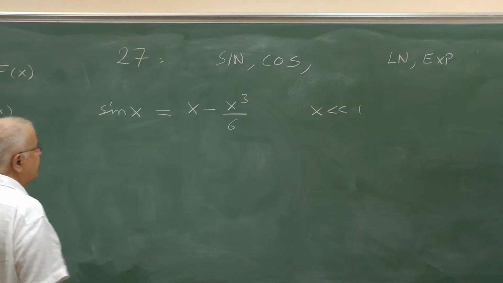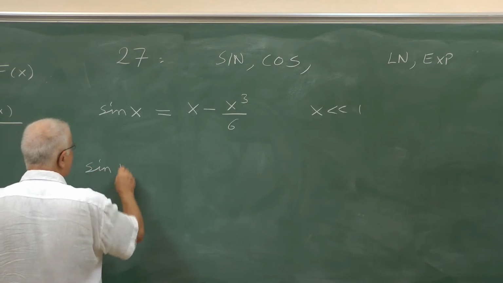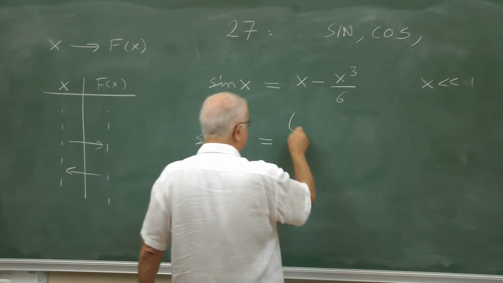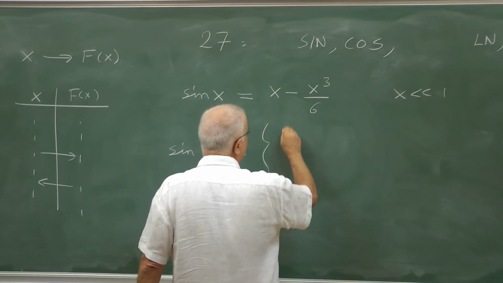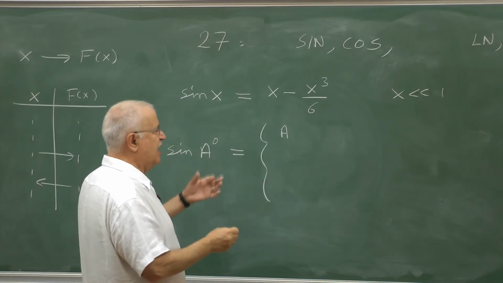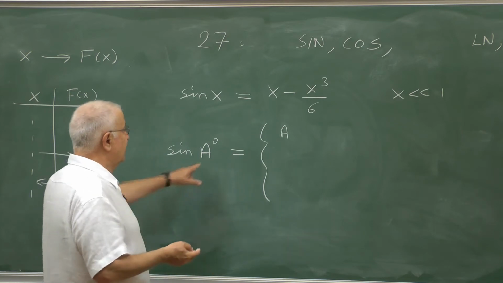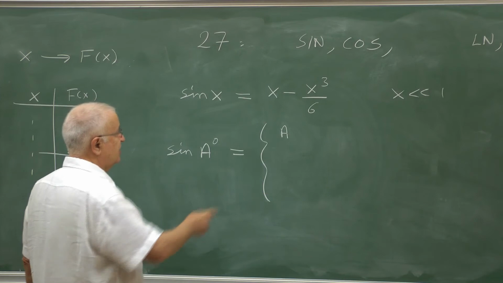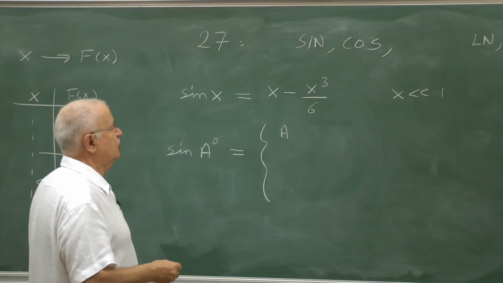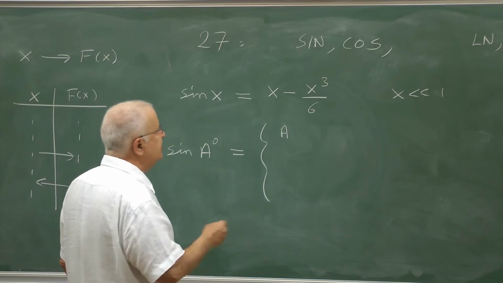Now I'll just give a formula. I will say sine of A degrees equals A for very small angles. But this A is degrees, but this x is in radians. How do we convert x into degrees?